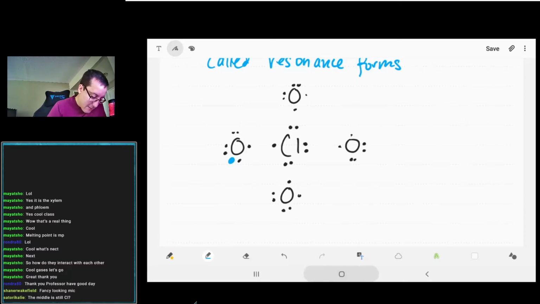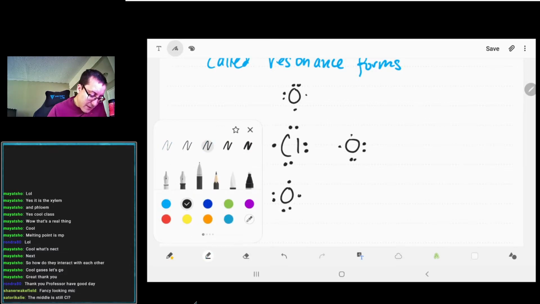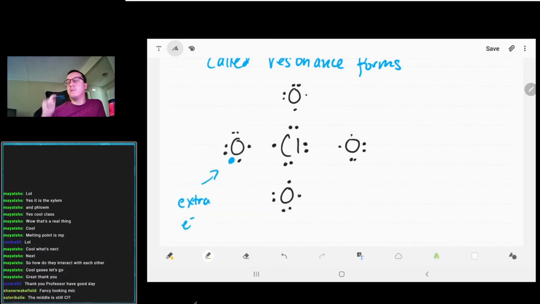Okay, so that is our extra electron. So for method 1, again, we want to make bonds so that all of our outer atoms have paired electrons. So this oxygen now has everything paired. We're going to have to do the same thing for this oxygen. We want everything to pair off with stuff on the central atom.